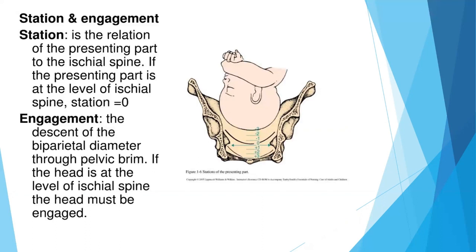Station is the relation of the presenting part to the ischial spine. If the presenting part is at the level of the ischial spine, the station is 0, and if it goes below the ischial spine, it is +1, +2, +3; above the ischial spine, -1, -2, -3. Engagement is the descent of the biparietal diameter through the pelvic rim. So if the head is at the level of the ischial spine, the head must be engaged.